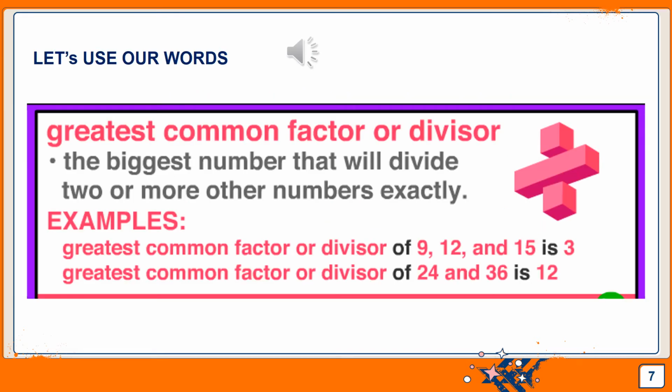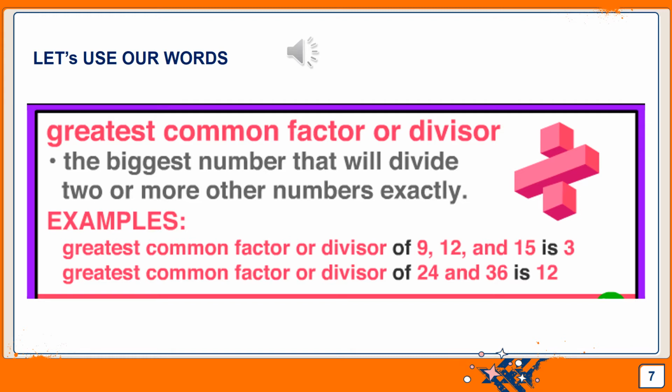Let's use our words. Greatest common factor or divisor is the biggest number that will divide 2 or more other numbers exactly. Do any of those words sound familiar? Examples: the greatest common factor or divisor of 9, 12, and 15 is 3. Greatest common factor or divisor of 24 and 36 is 12.